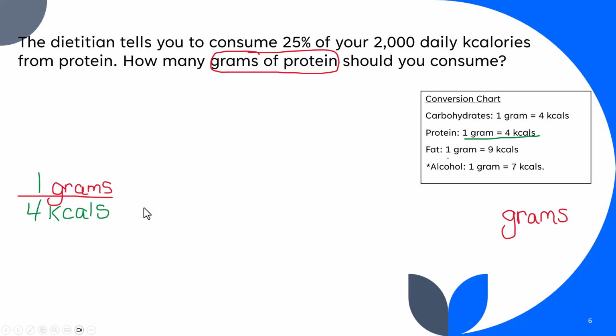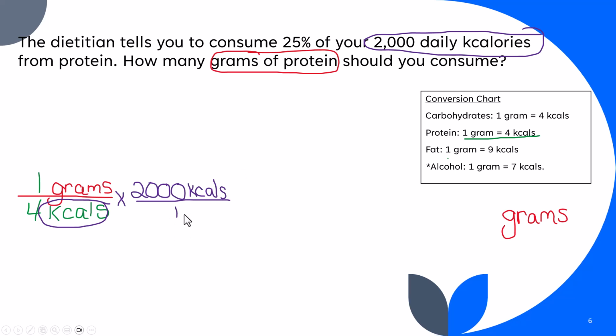The next step is to identify the unit in the denominator. The denominator is calories. Remember that this now has to go up into the numerator of the next factor. So what do we know about the question that identifies calories? We have 2,000 calories. We write that as our next factor. And this is going to be over 1 because there's nothing it's comparing it to. Then we look back to the question for additional information.